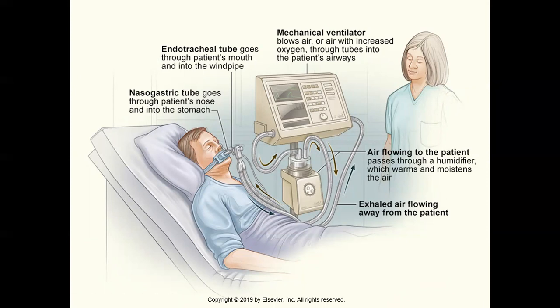So during mechanical ventilation, what do we need to know? We have to know the high pressure alarm means obstruction. We need to know the low pressure alarm means leakage, right?